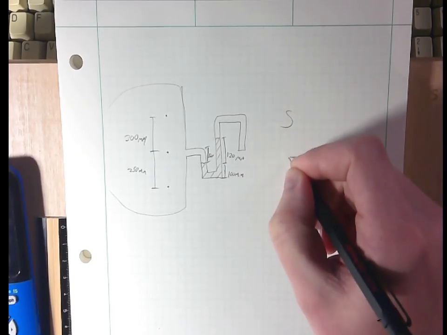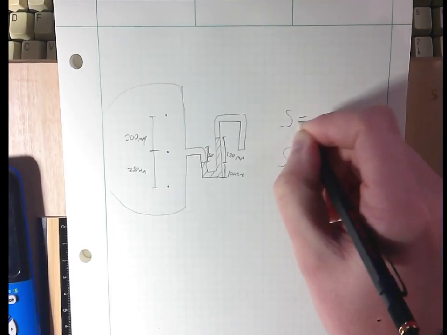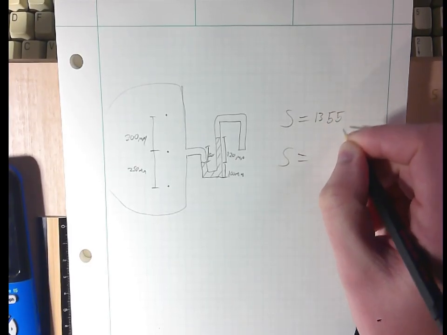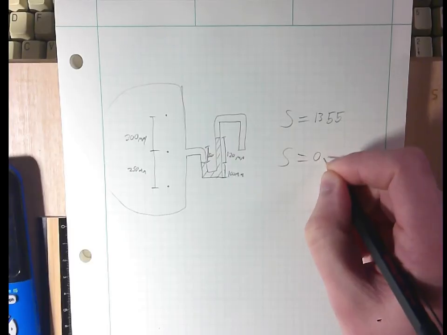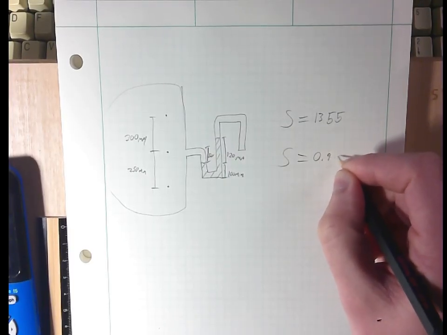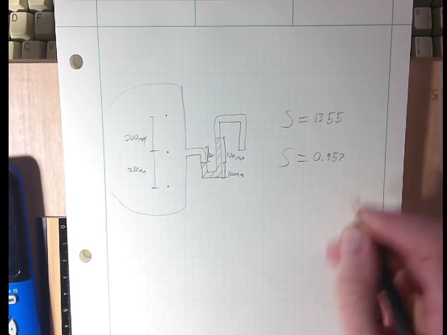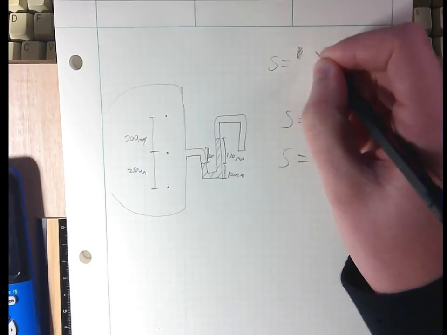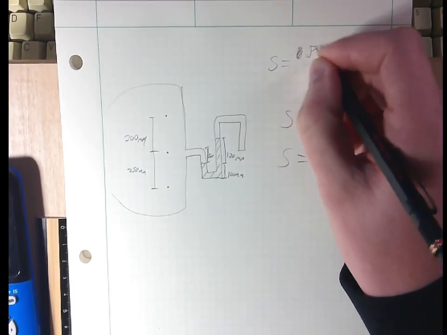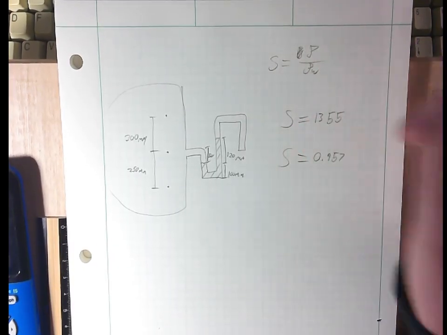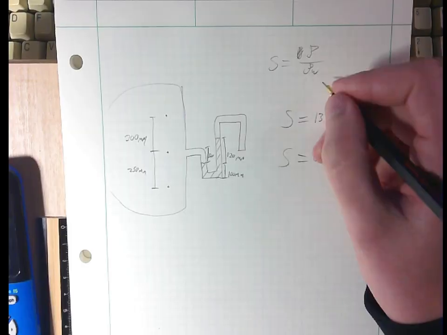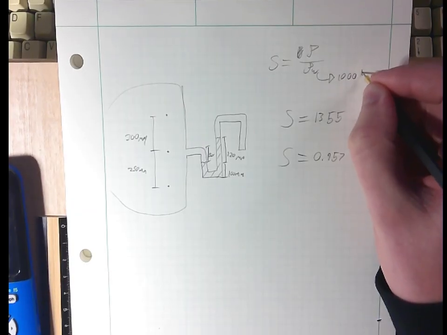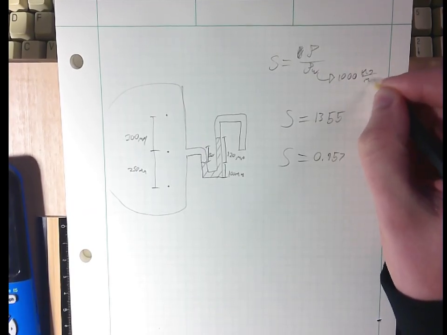We're given the specific weight, like 13.55 and 0.957. Now remember that S is equal to gamma, or it's actually equal to both gamma and rho, or density over density W. We know that the density of water is 1,000 kilograms per meter cubed.